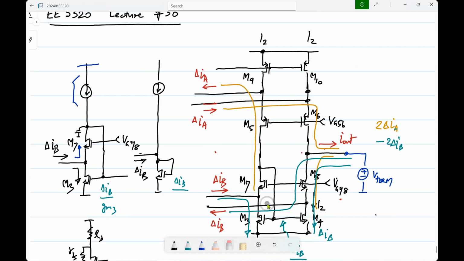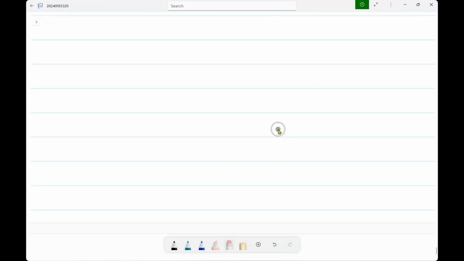Yeah. So the differential pair, right? If you have an NMOS differential pair, then this VICM, especially the lower limit, is somewhat high.